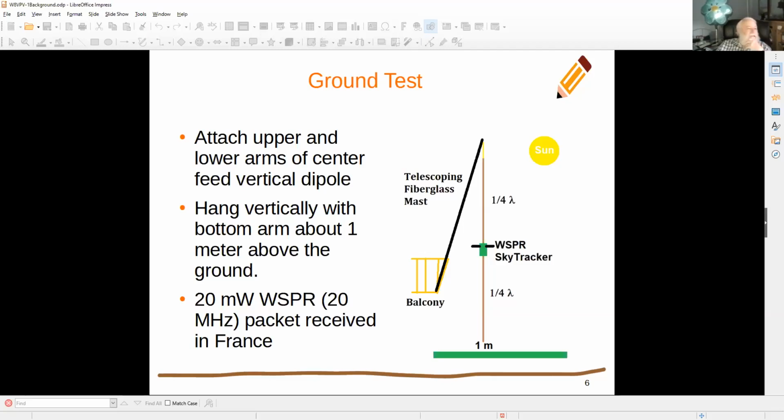And we could see that it was transmitting, because there's a little LED on the tracker that blinks a particular pattern. And so we knew that it was actually sending out packets. And so Mel went down into his basement where he has his Whisper station, and he could see the packet.